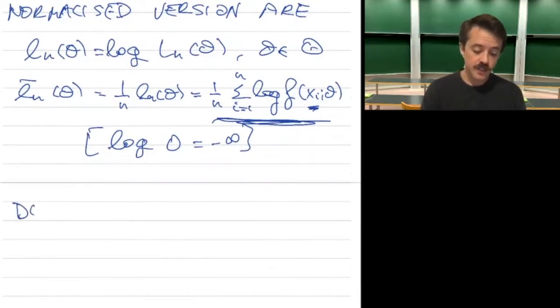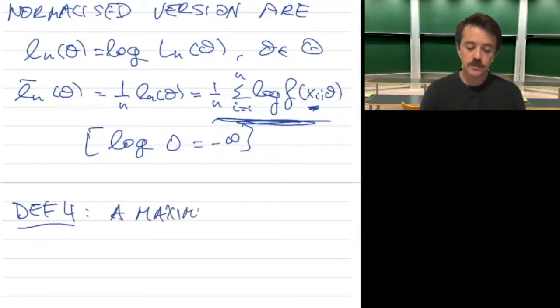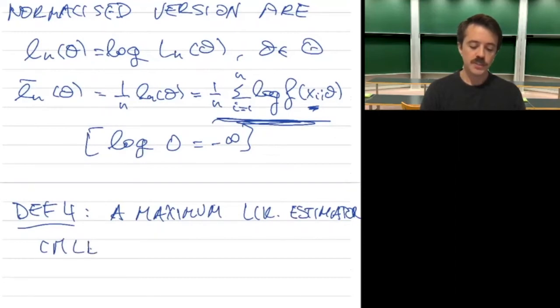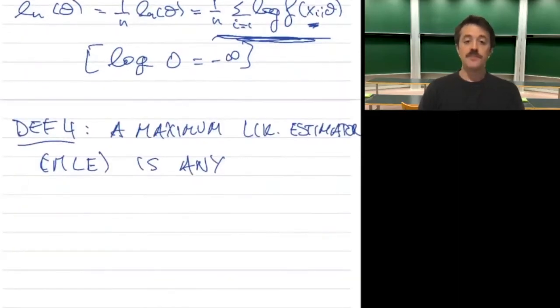So definition: a maximum likelihood estimator, which I will shorten as MLE, is any value theta hat.